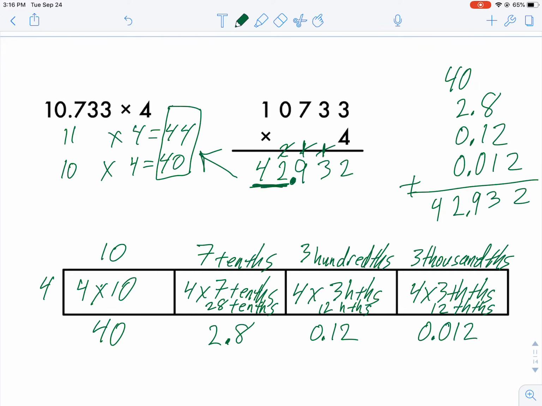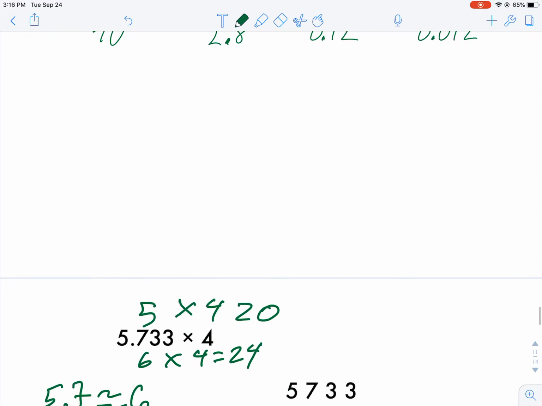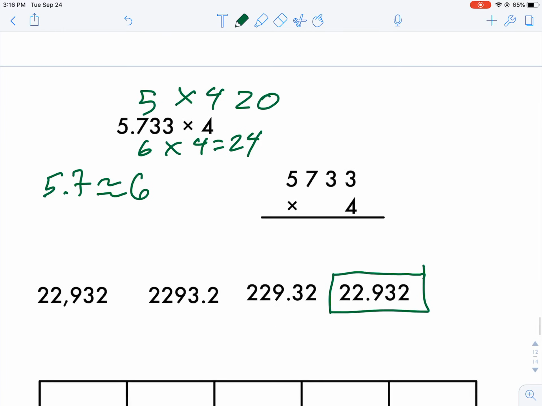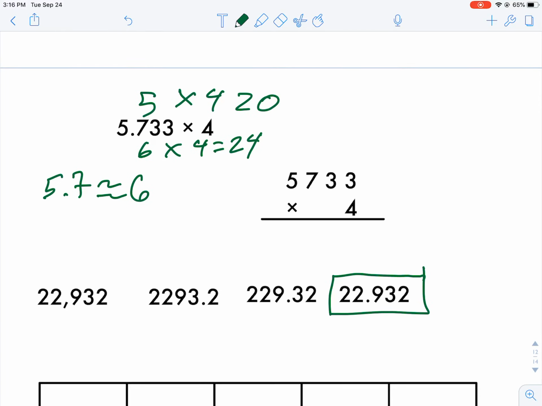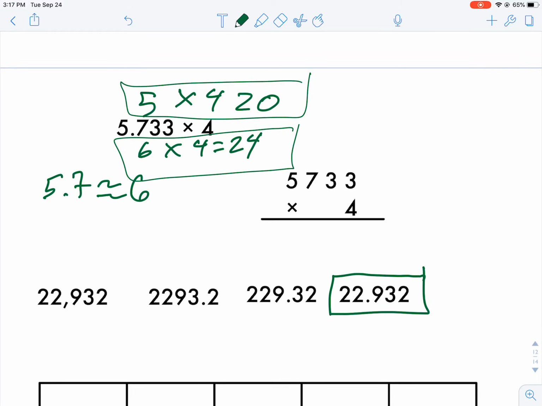Okay? All right. So what I'm looking for again is our estimation, either way, your choice, and then an explanation.